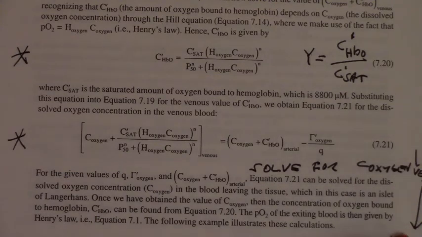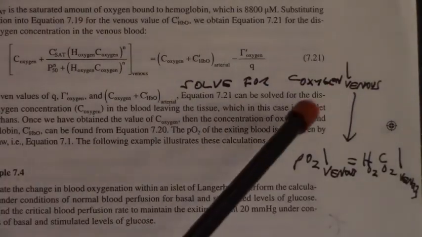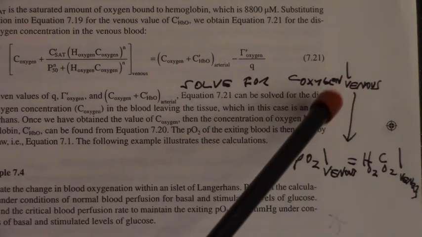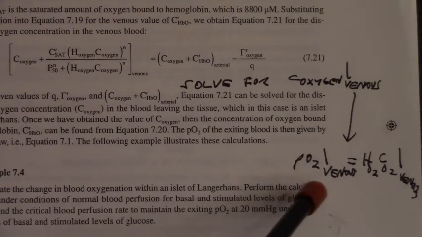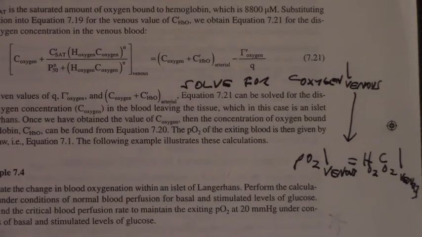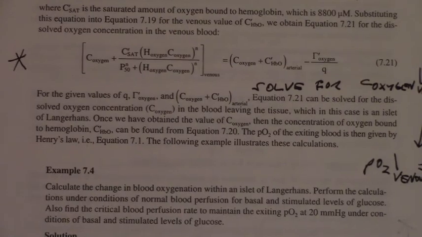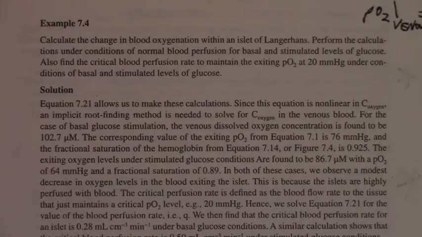And once you have that venous concentration of the dissolved oxygen in that blood, then you can multiply that by the Henry's constant, and that would give you the PO2 of the venous blood. And this is all talked about in greater detail in example 7.4, which you can read about on your own.